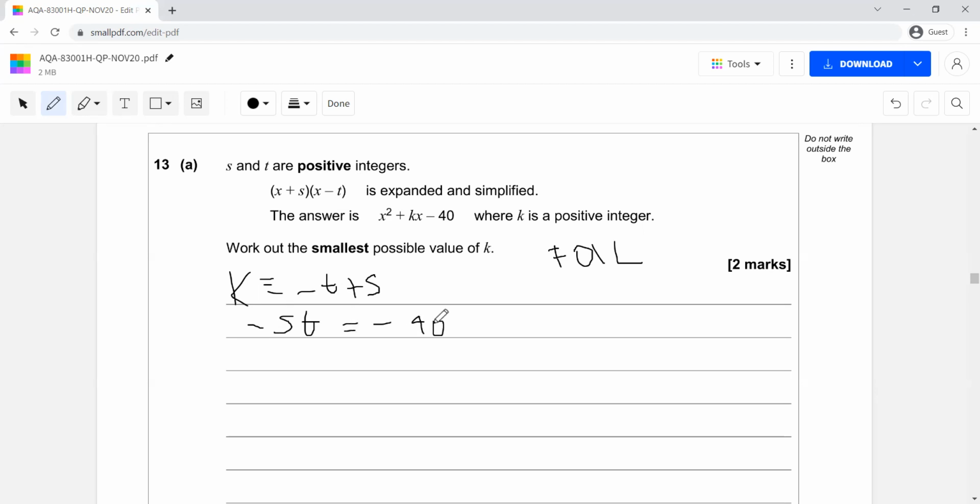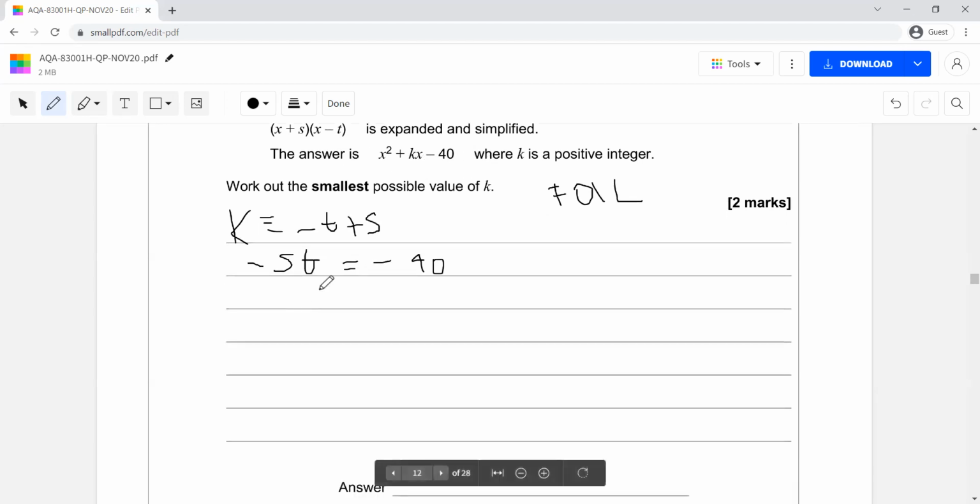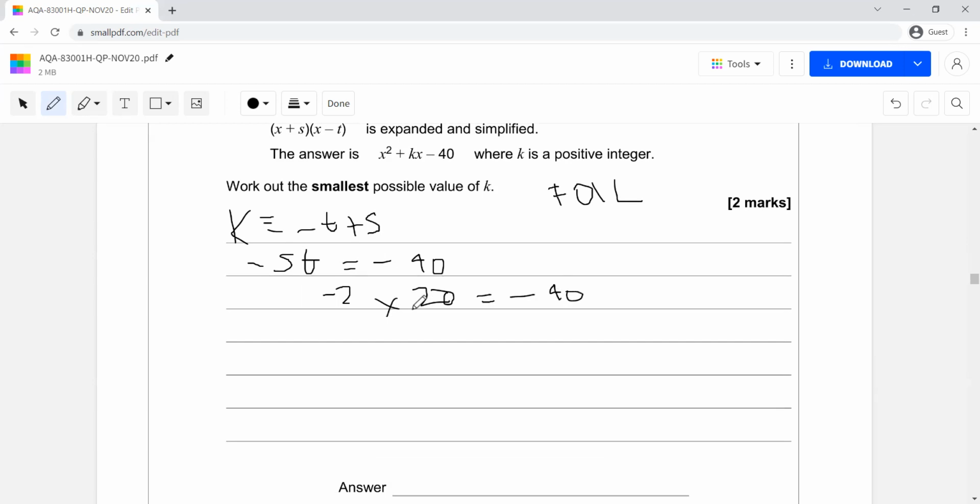Now what we can do is figure out pairs of numbers which will give us negative 40. So what we could do is have, for example, minus 2 and 20 will give us minus 40. However, the sum of minus 2 and 20 is 18.